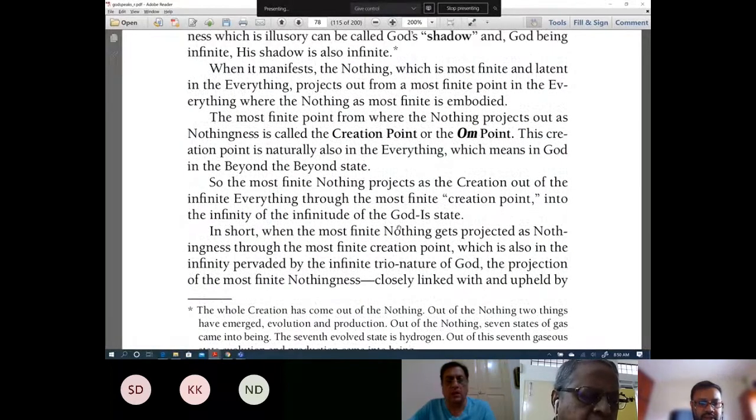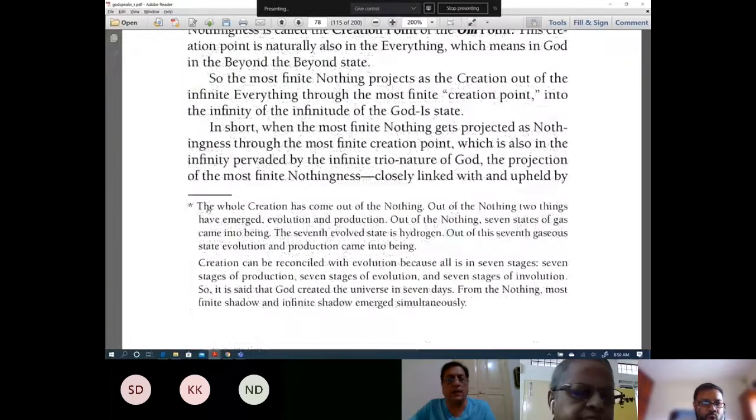We will see what he means by infinite. The whole creation, I'm reading the footnote, has come out of the nothing. Out of the nothing, two things have emerged: evolution and production. Out of the nothing, seven states of gas came into being. The seventh evolved state is hydrogen. Out of the seventh gaseous state, evolution and production came into being.